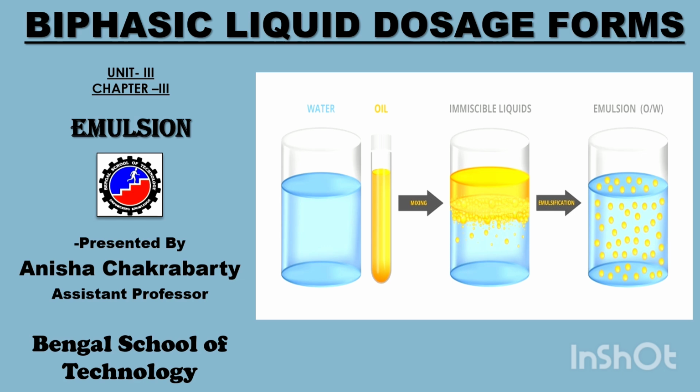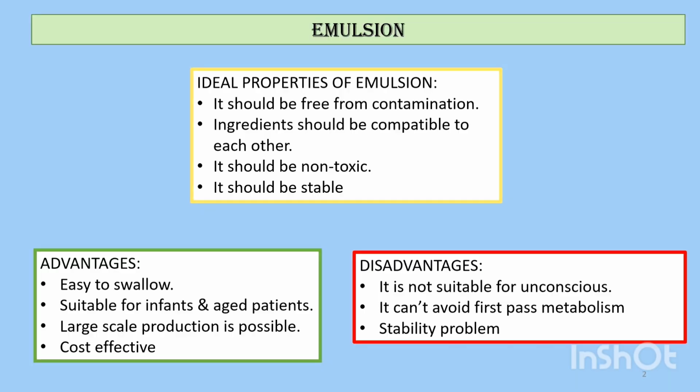Today's focus of discussion is emulsion. Like all other pharmaceutical formulations, ideally emulsion should be free from any contamination. It should be non-toxic, non-irritant and stable. All the ingredients used in formulation of emulsion should be compatible with each other.